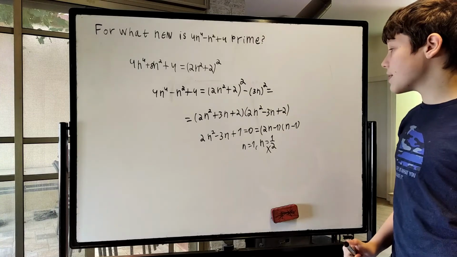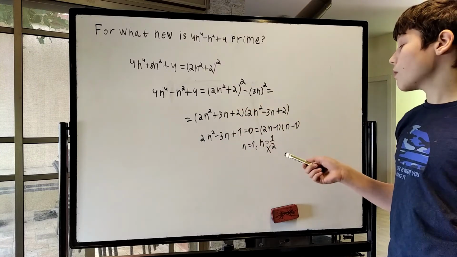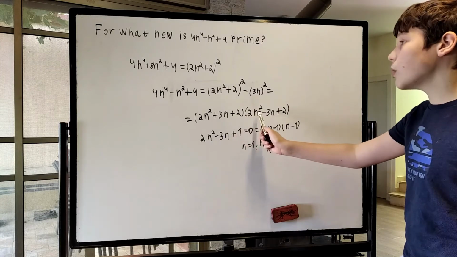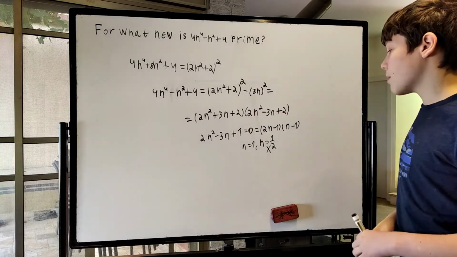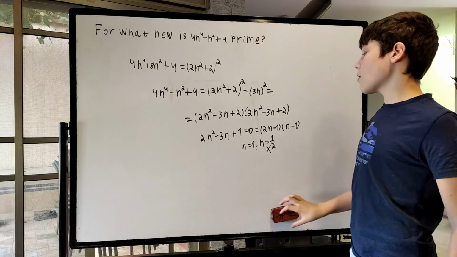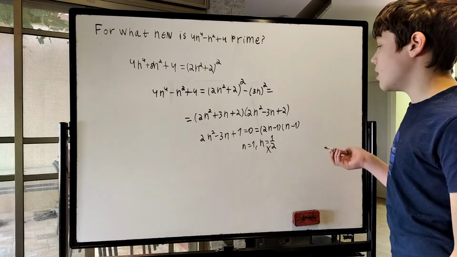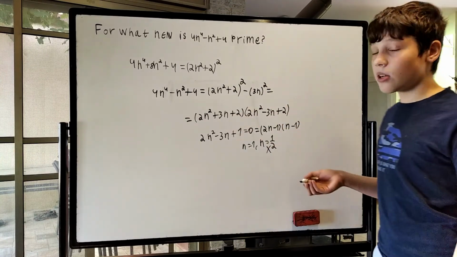Now, we just need to check that this turns into a prime number when we substitute n is equal to 1. Because then we have a prime number times 1, which gives us one example for n is equal to 1. But let's not get ahead of ourselves, let's check. So, 2n squared plus 3n plus 2, n is equal to 1.